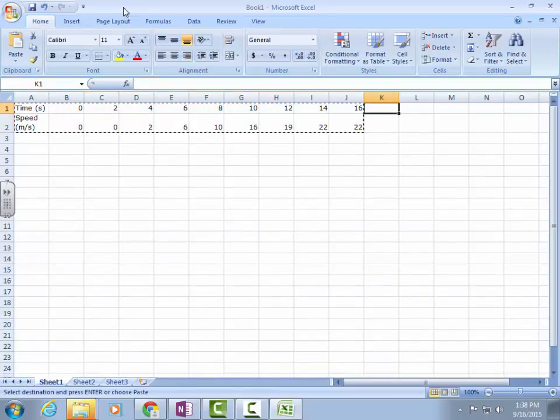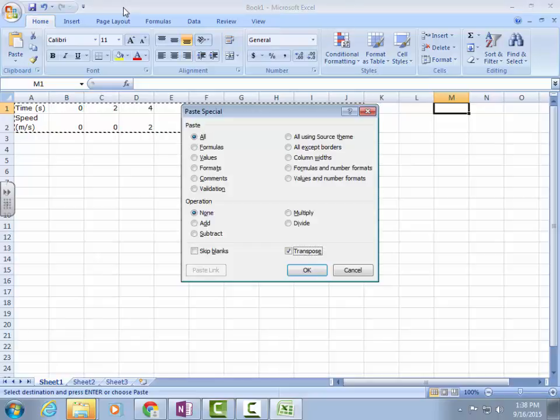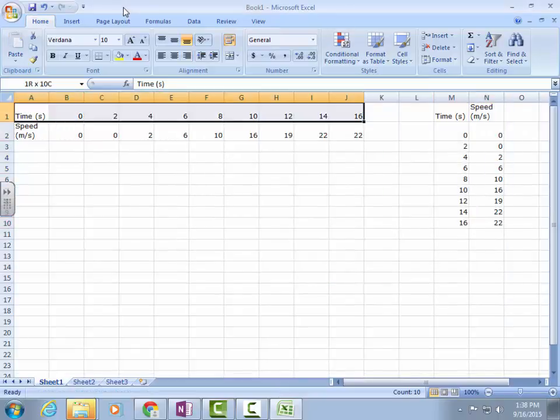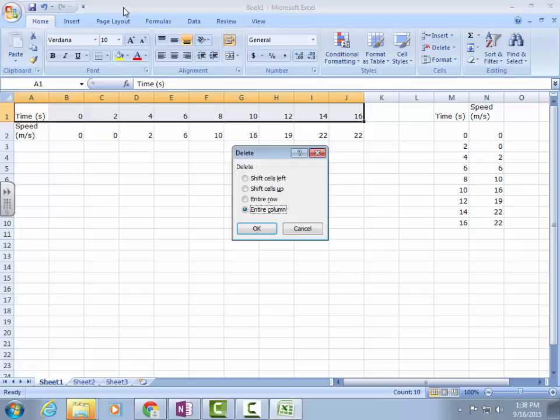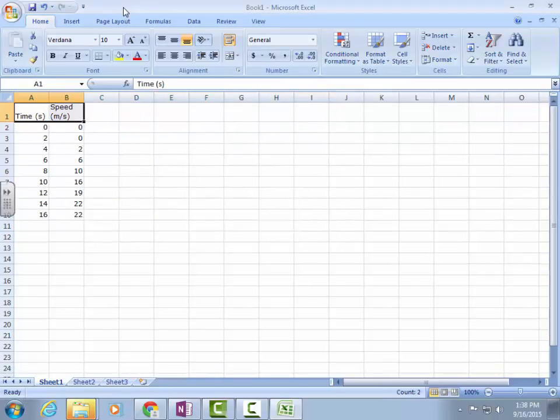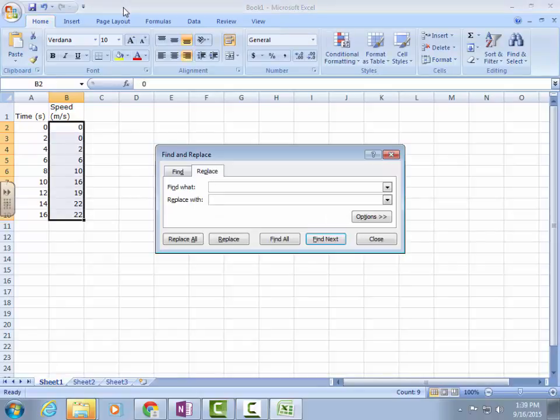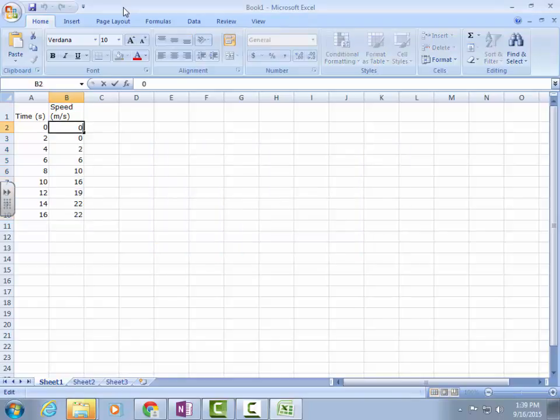So I'm going to take this, because it's a little bit easier to deal with. All right. So now looking at this, let's see, is this right? So it looks like it's reading this as text. Why is that?